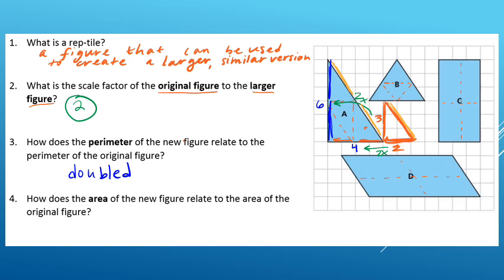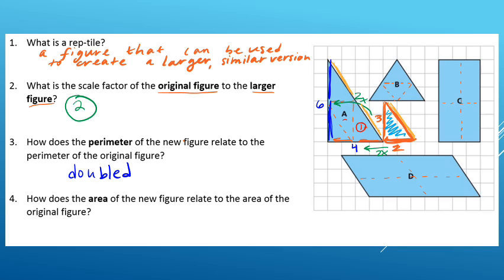And then I'm going to think about area. Area is a special one because I can think about how many copies of the reptile fit inside of the larger shape. And you'll notice here that all of these fit 4 reptiles inside. However, it is possible to use a different number of reptiles, and you're going to see more of those problems later. But for right now, you should be noticing that I can fit 4 copies of the reptile inside of these shapes.